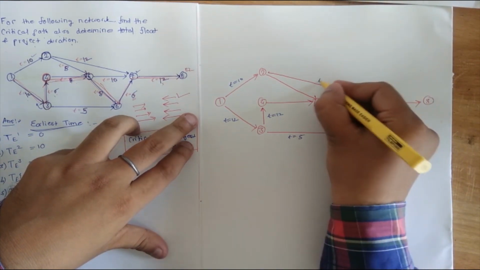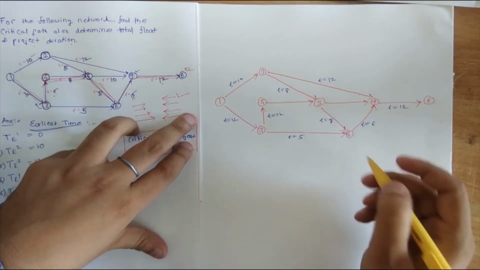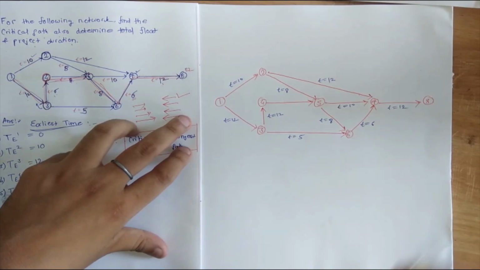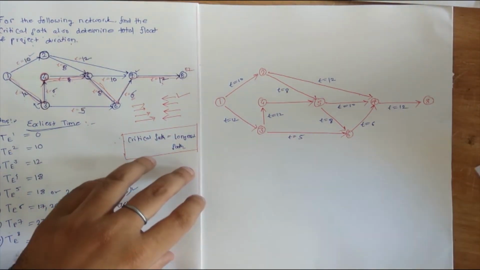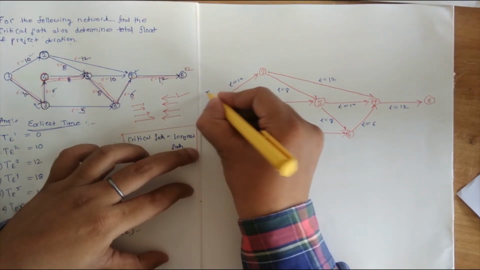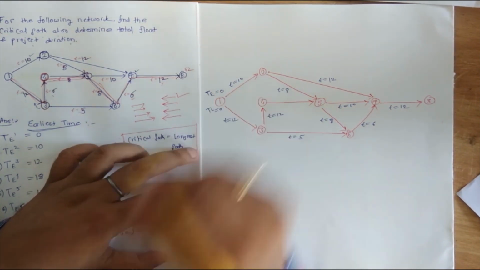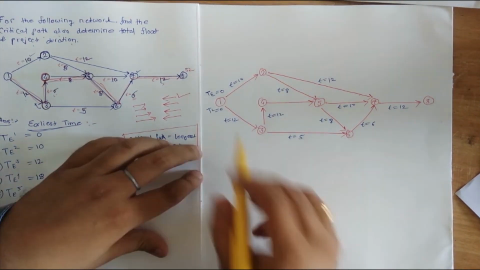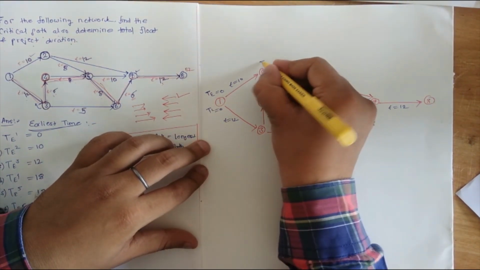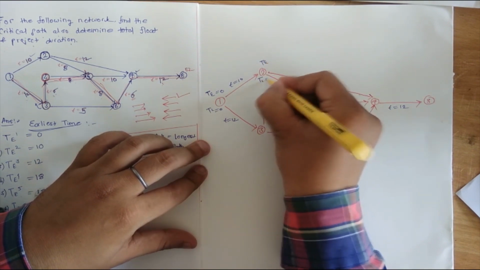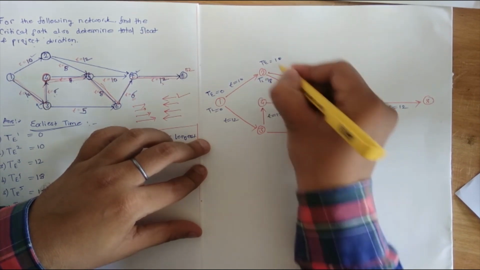Now this is the given diagram, but what exactly we need to draw here, I will tell you. What we have calculated is, at this point both were 0. Now we need to write it down here. At point number 2, the earliest time and the latest time were 10 and 18.